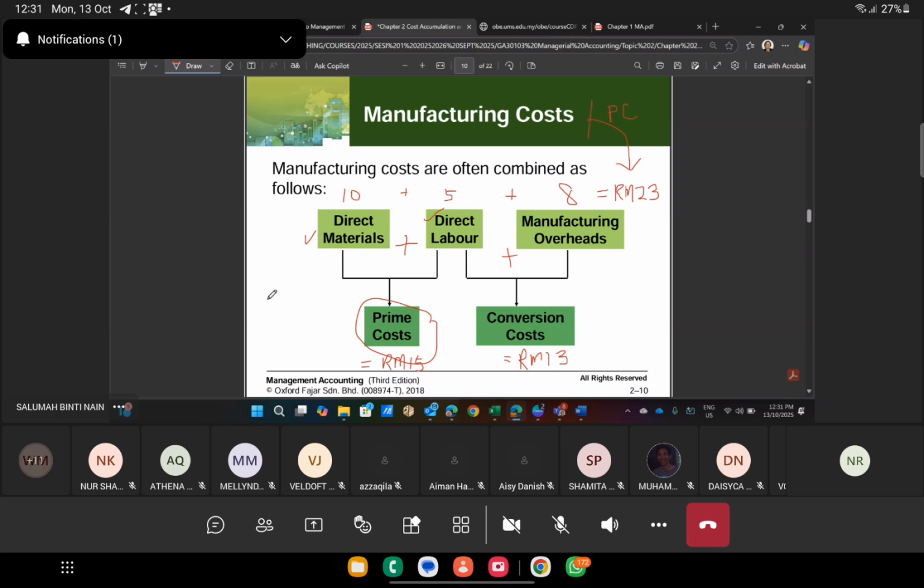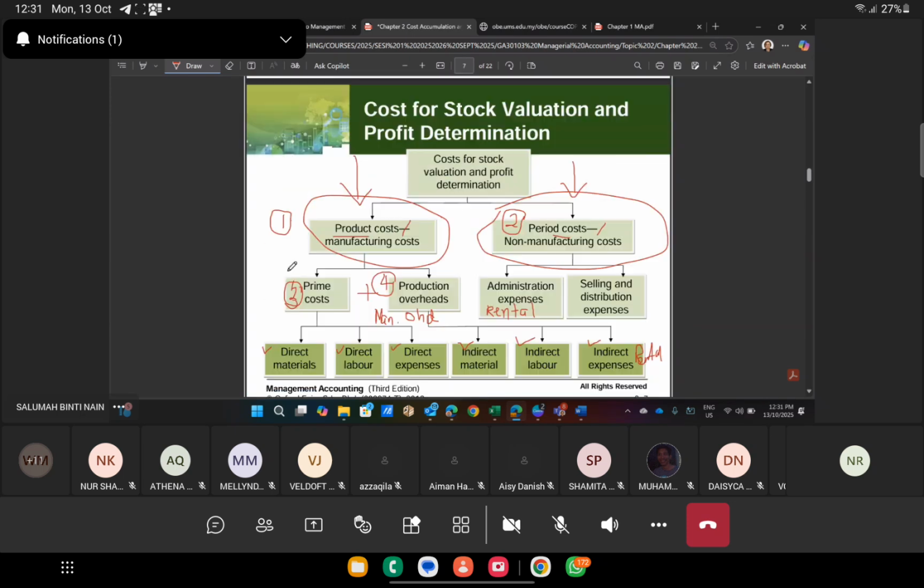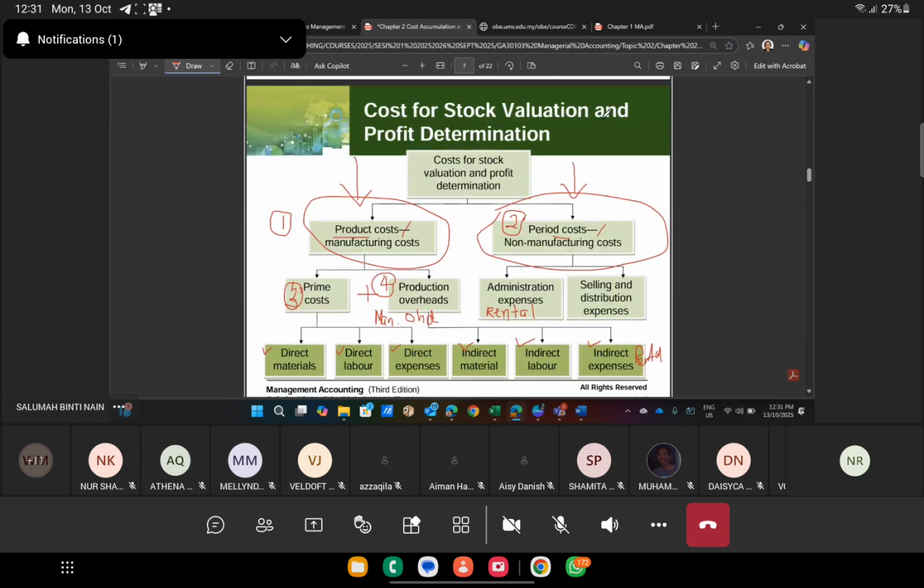So I hope this is clear. I repeat again: cost for stock valuation and profit determination. The first thing is you are able to differentiate product cost versus period cost. What are the classifications of product cost? Prime cost, and production or manufacturing overheads.